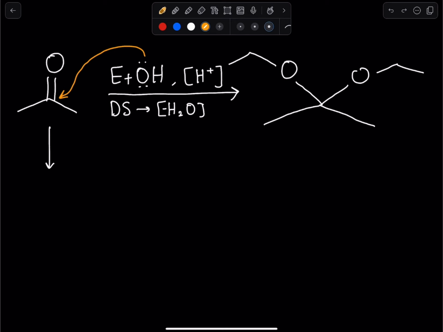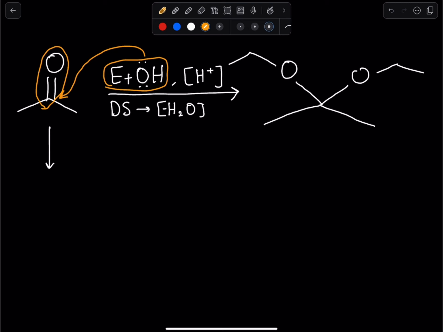So the intuitive answer, the first step of this, would be that the oxygen of the ethanol attacks the carbonyl carbon. However, there's a problem with this. Ethanol is a neutrally charged nucleophile, and this ketone is a neutrally charged electrophile.